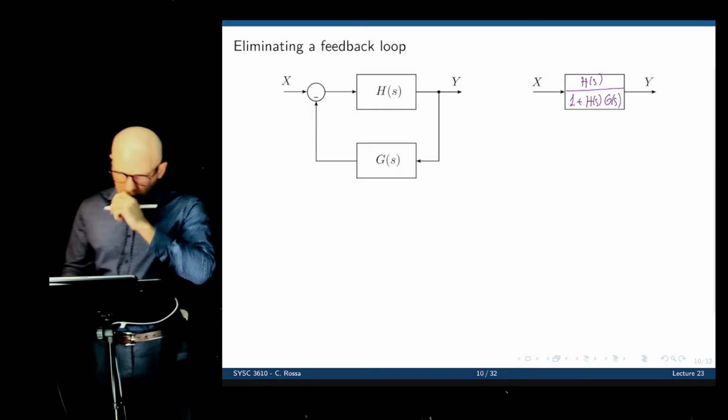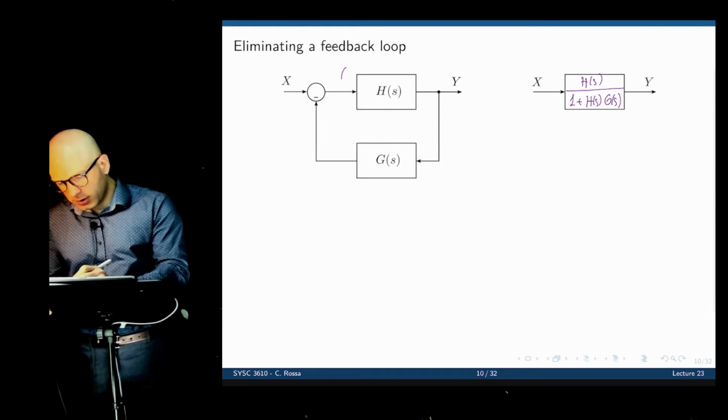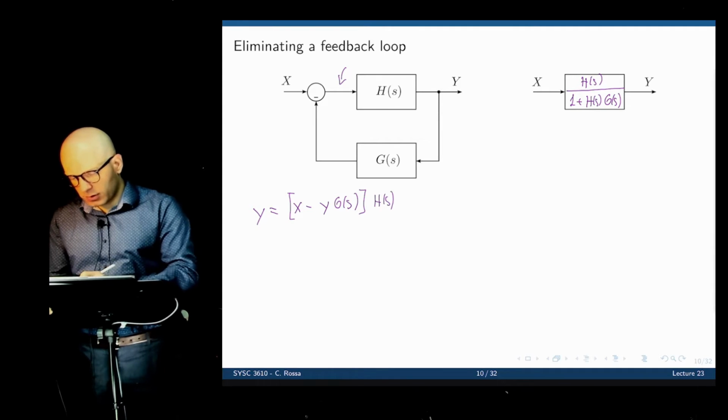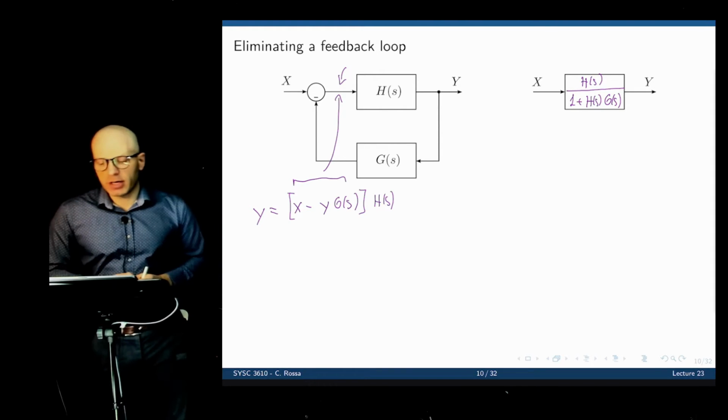And once again, we can calculate this if we want. Just create the signal here. What is the signal there? Well, that's y equals x minus y times g of s, all times h of s. All right, this part here in parentheses is the signal there. Multiply that by h of s, that gives y.